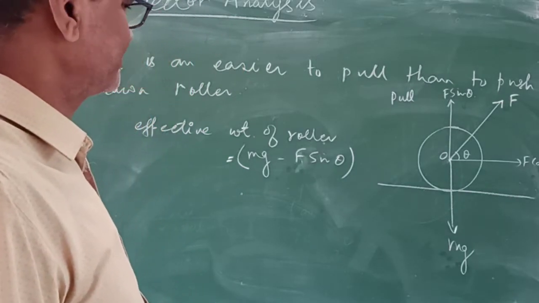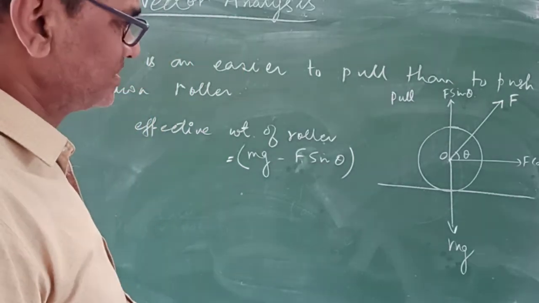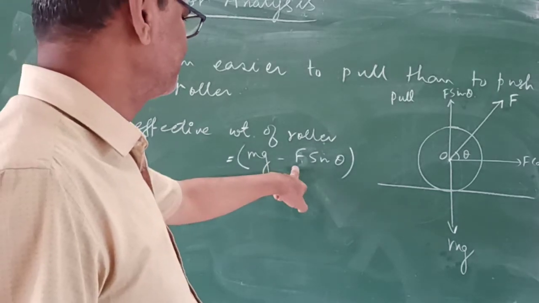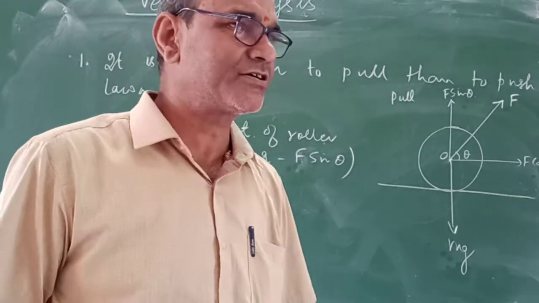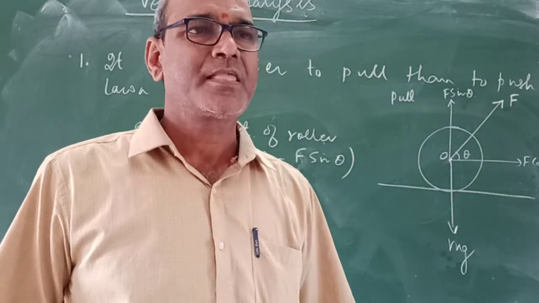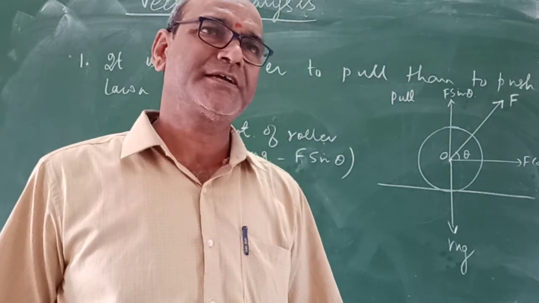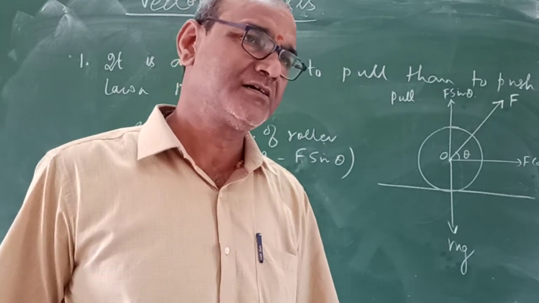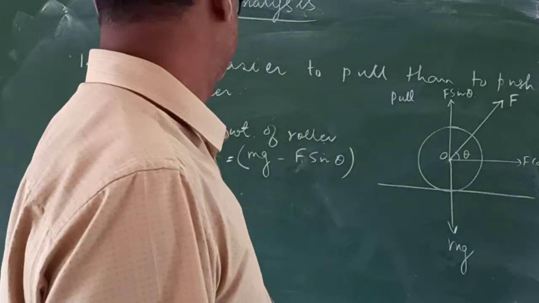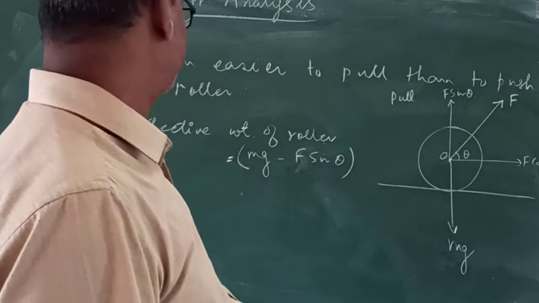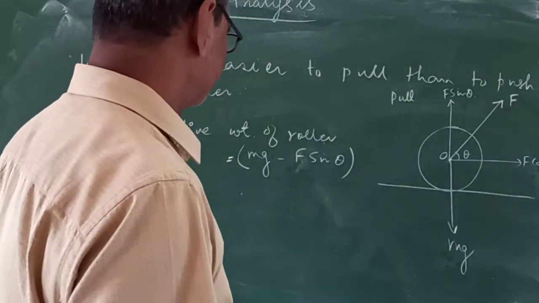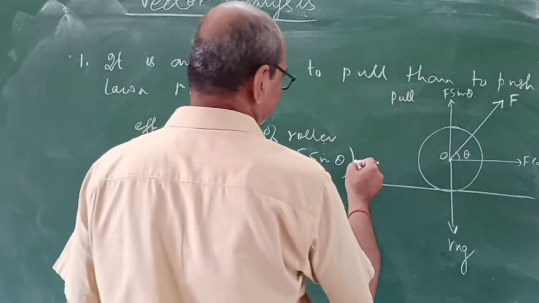The effective weight of the roller is equal to mg minus F sin theta. Now here there is a minus, so will the effective weight be less or more? What happens with minus? 5 rupees minus 3 rupees is equal to 2 rupees. Did it become less or more? It becomes less. So the effective weight of the roller in case of pull is less: mg minus F sin theta.